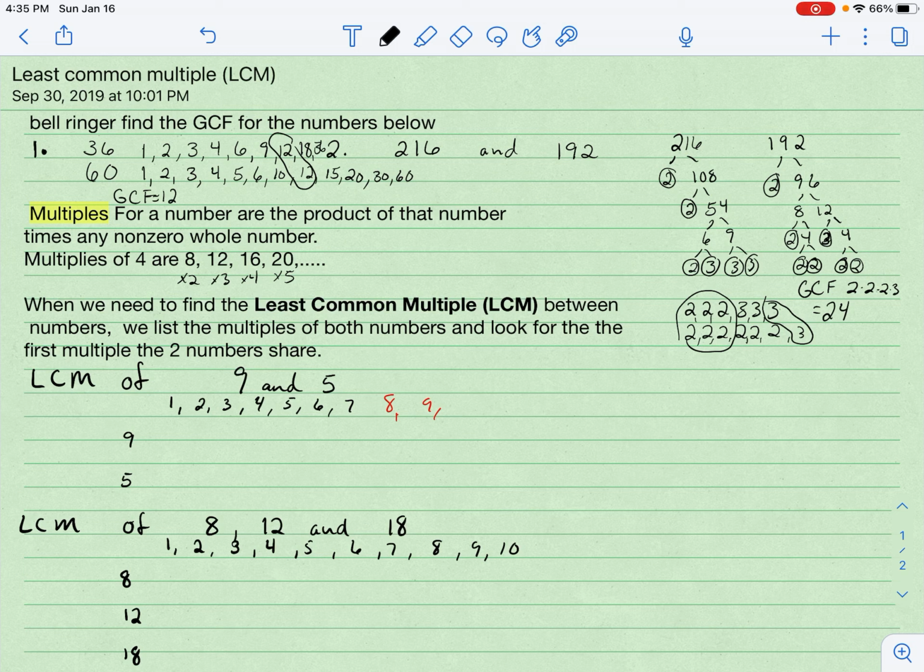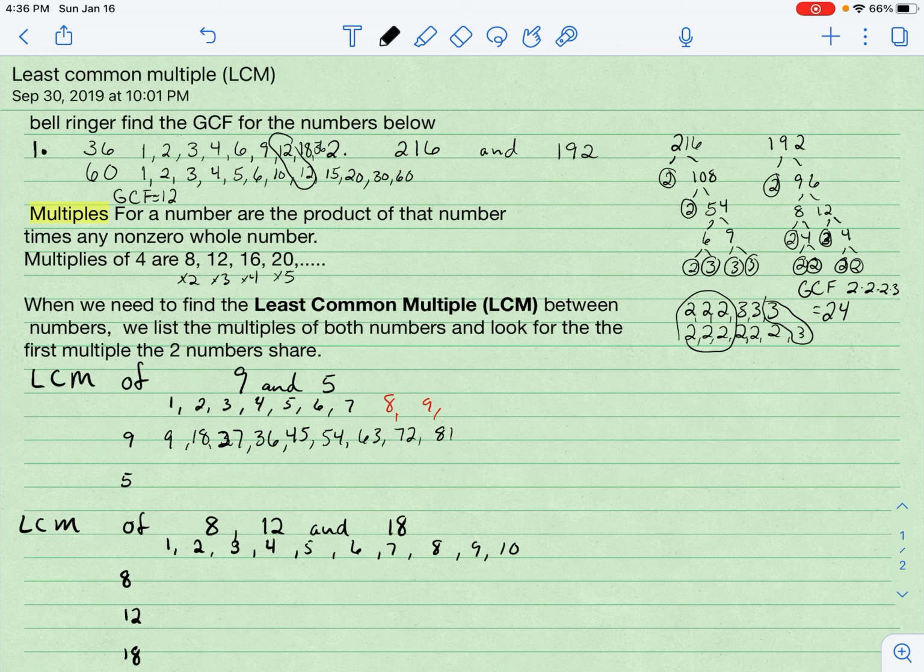All right, so 9 times 1 is 9, 18, 27, 36, 45, 54, 63, 72, and 81.